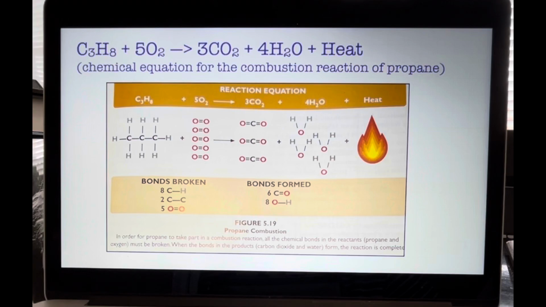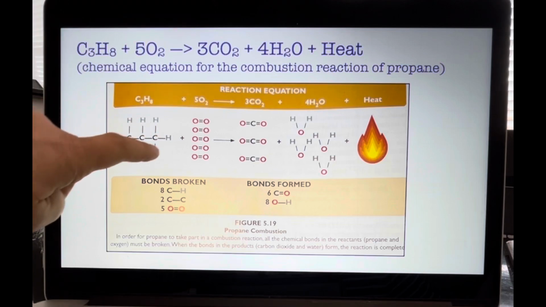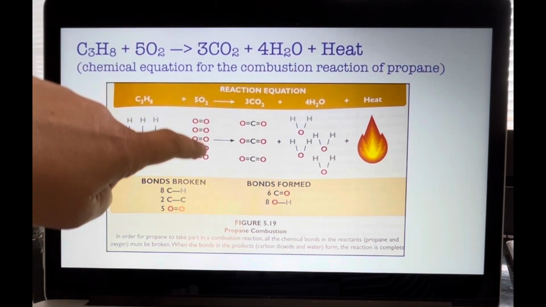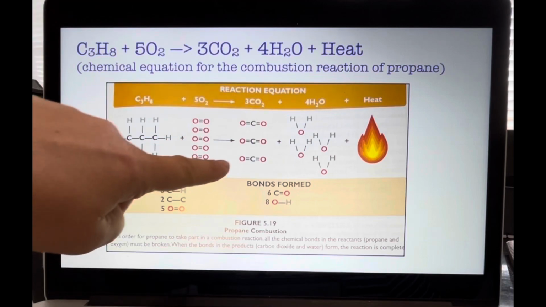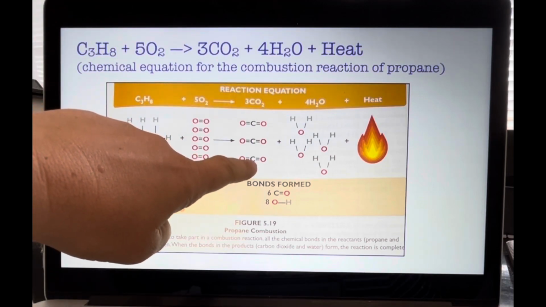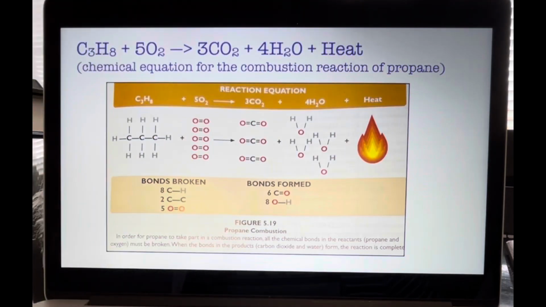It is the chemical equation for the combustion reaction of propane, the same one we were just talking about, the fuel used in gas grills. We have all different kinds of single bonds. We have all different kinds of double bonds in the reactants. And then in the products, we have some double bonds and some more single bonds, and then we also have heat.